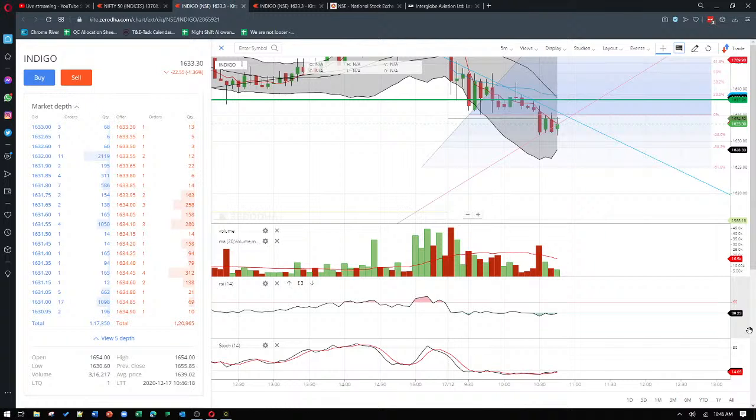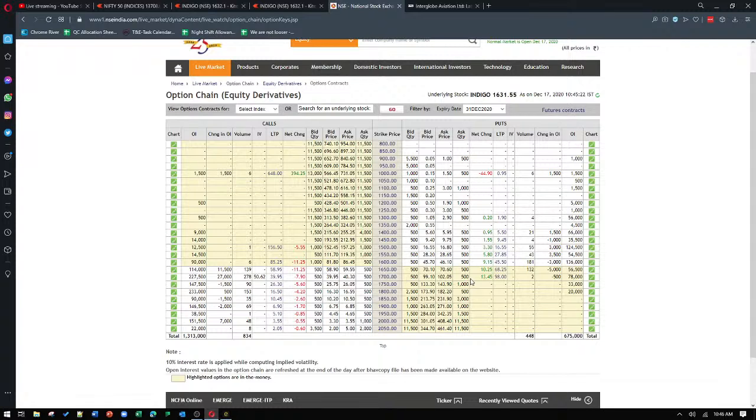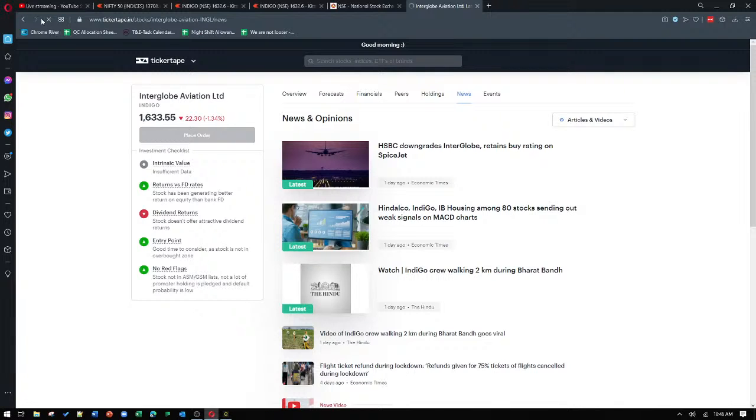So let me quickly look at the open interest. Very much still on the call side it is weak, on the put side it is strong. That says the stock will be on the lower side only. Do we have any news yet? No news.